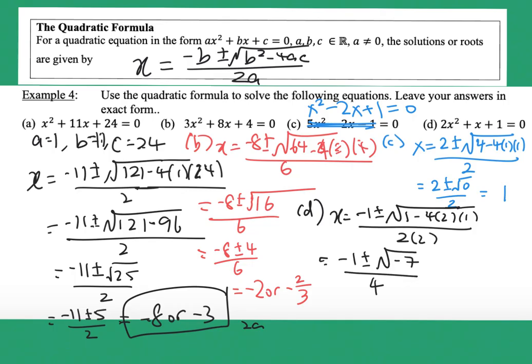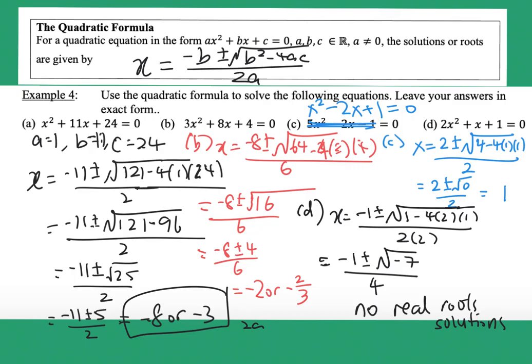And in this case, we cannot simplify it further. We cannot take the square root of negative 7, so we will say no real roots or no real solution. We will be learning about imaginary numbers in this course, and then you will know that there are actually imaginary roots.